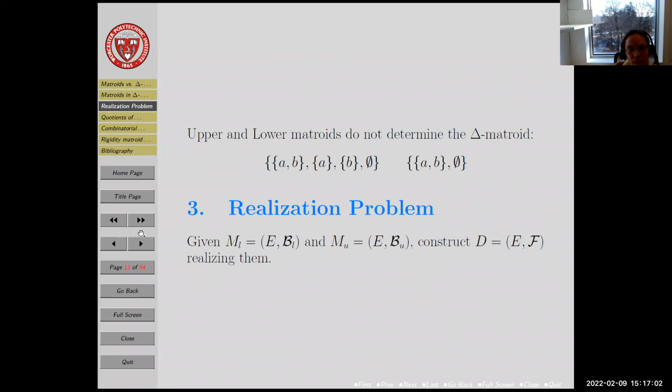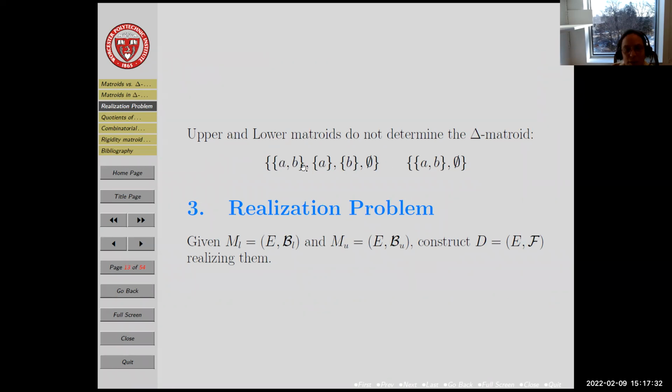And you say, well, certainly that construction cannot be unique if it exists, because I can write down some very simple examples that have the same upper and lower matroid. So I can write something very simple as the upper matroid consists of these two elements, just that one set. Then I throw in two sets of cardinality 1 and the empty set as my feasible sets.